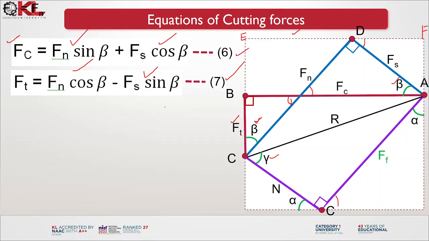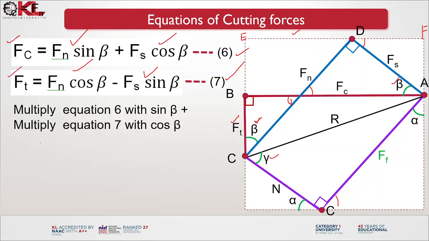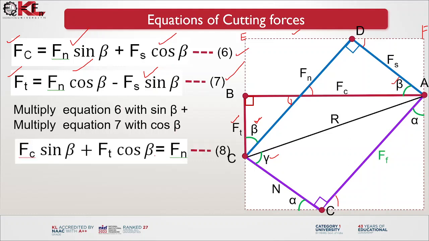So from these two triangles, CED and DFA, we are obtaining these two equations, and we are obtaining the cutting force and thrust force. Now we can further simplify these equations: multiply equation 6 with sine beta plus multiply equation 7 with cos beta, then you obtain Fc sine beta plus Ft cos beta, that is equal to Fn sine square beta plus Fn cos square beta.